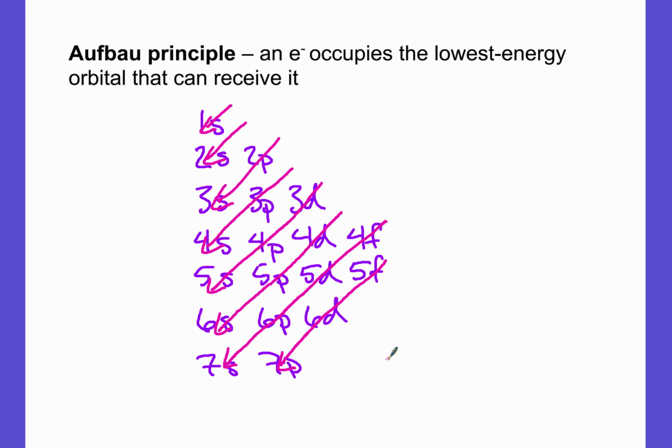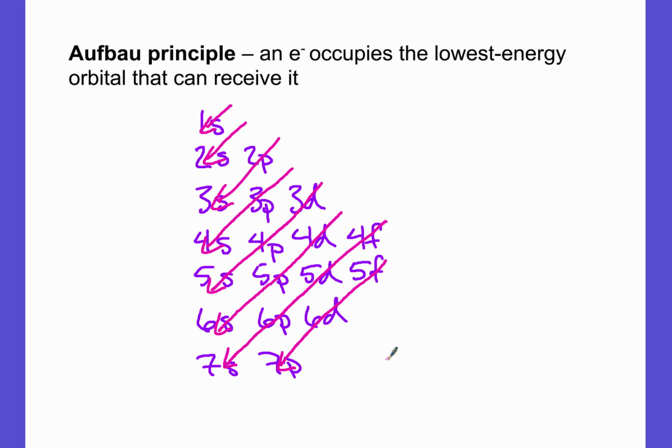So the reason for that is that even though something has a 3, a 4, a 5 label, doesn't necessarily mean that it has a lower energy than something that has a higher number attached to it. All right? So this is just the way that it turns out to work. So you just have to understand that although I wrote that out left to right, I'm going to fill sublevels in order of lowest energy, and that makes it so that I go with a 4S before a 3D.